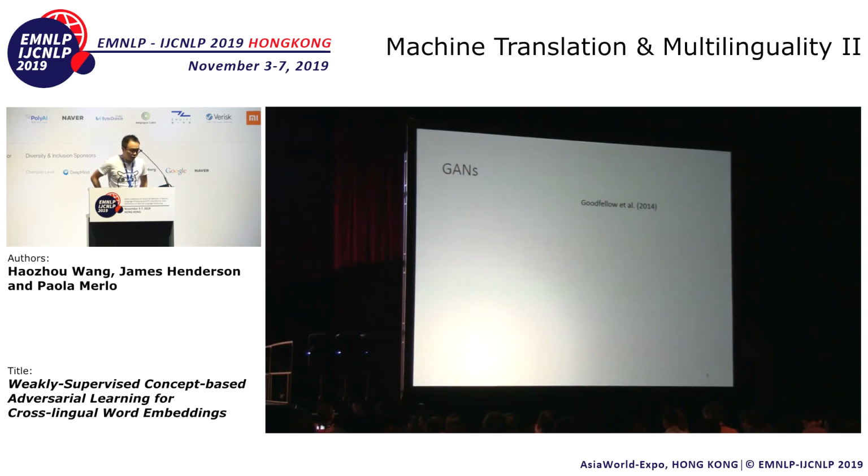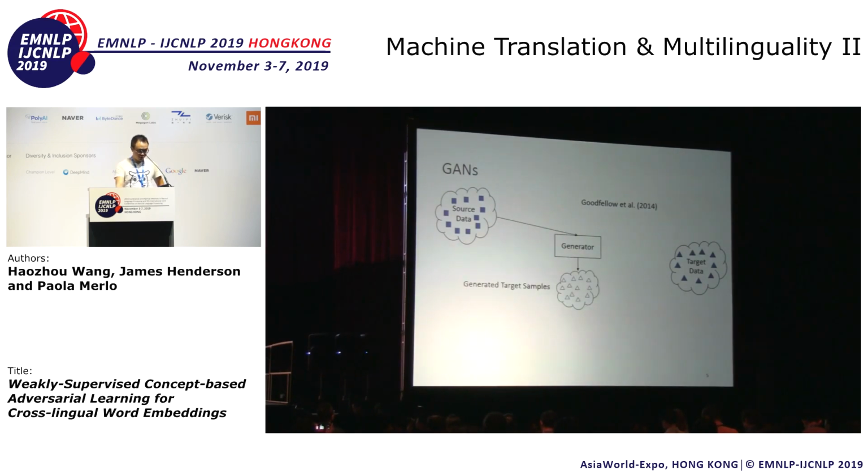For a standard generative adversarial network, we have our source data and the distribution of target data. We use a generator to generate target samples, and a discriminator which discriminates whether the input comes from the target distribution or not.